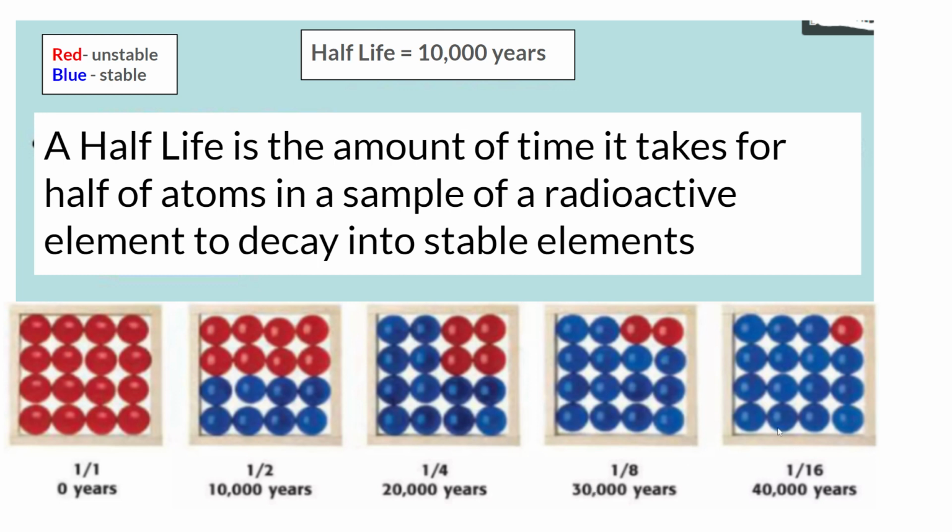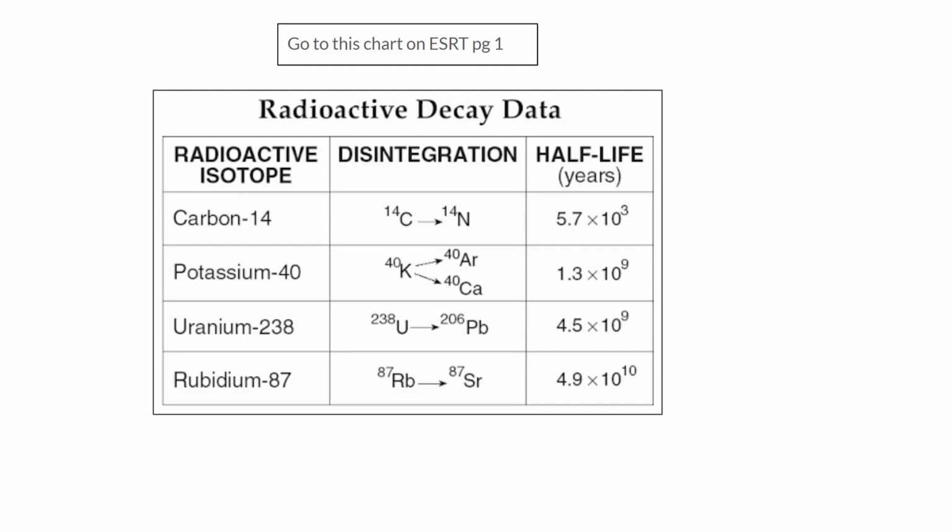Then another 10,000 years later, half of that sample will turn stable. This is what we call a half life. We know for this particular radioactive sample, half of my sample will turn stable in 10,000 years, and therefore the half life for my sample is 10,000 years.